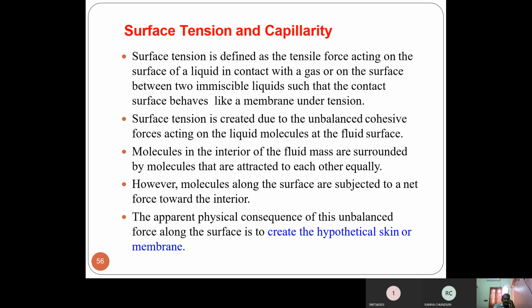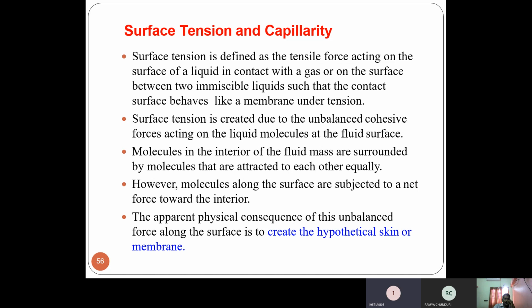Surface tension is created due to the unbalanced cohesive forces acting on the liquid molecules at the fluid surface. Understand? Cohesive force and adhesive force are the two important forces among the fluid properties.